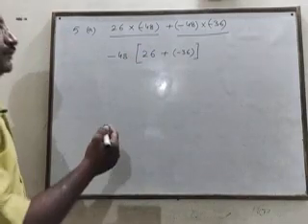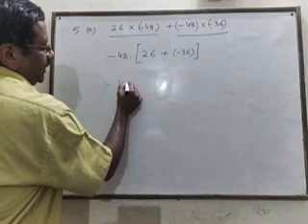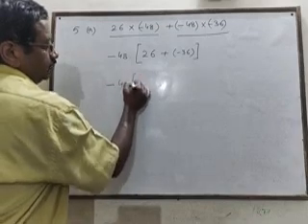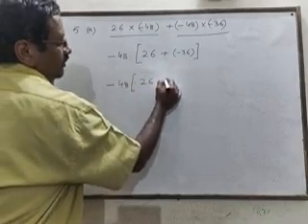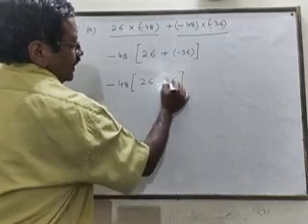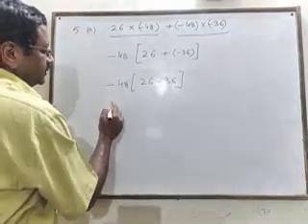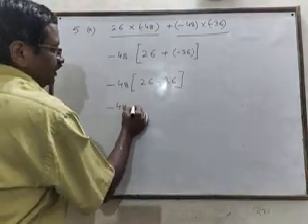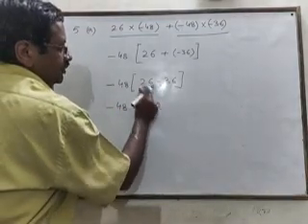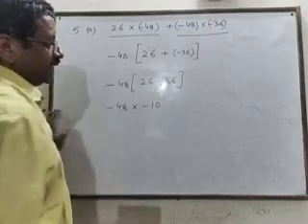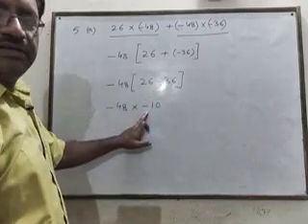So now we will solve it. -48 into the bracket 26 minus 36; the combined sign will be minus according to the chart. Then -48 multiplied by -10, because they will be subtracted, and the sign of the bigger figure will be there in the result.